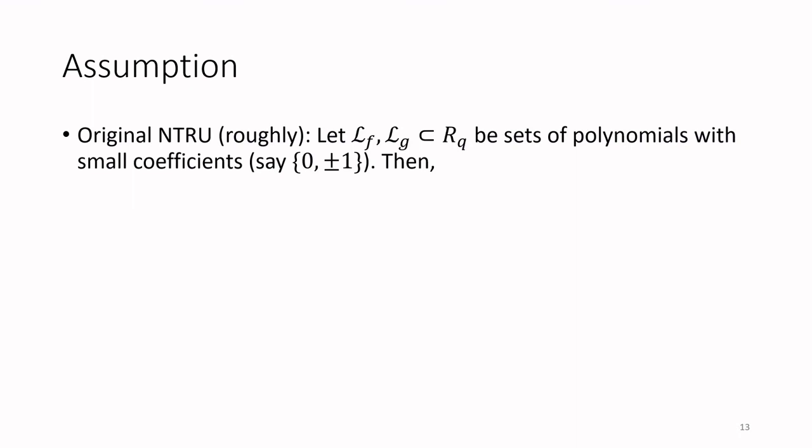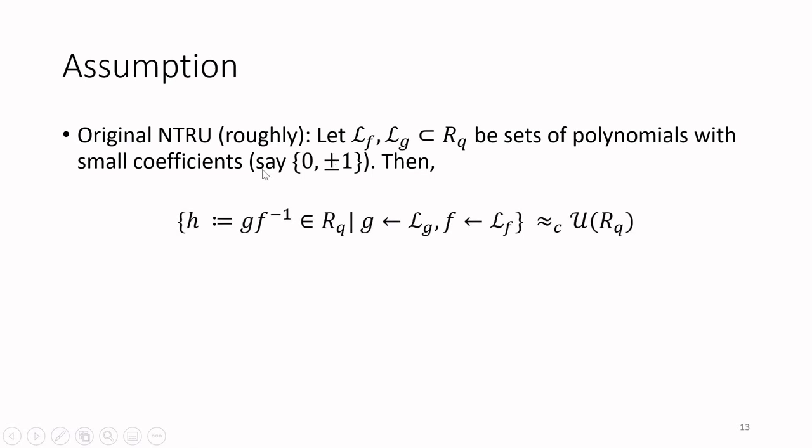Okay, now I'm going to talk about the NTRU assumption, and then the contributions in our paper. So the NTRU assumption, introduced by Hoffstein, Pipher, and Silverman in 1996, is the following. If you let L_f and L_g be sets of polynomials with small coefficients, then the assumption is that this distribution on the left is computationally indistinguishable from a truly random polynomial.